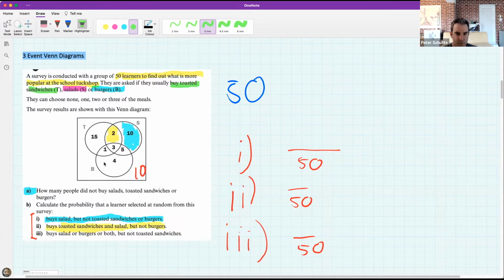So I've colored in for the first 2, the 2 regions that I think it is. And buys salads or burgers or both, but not toasted sandwiches.